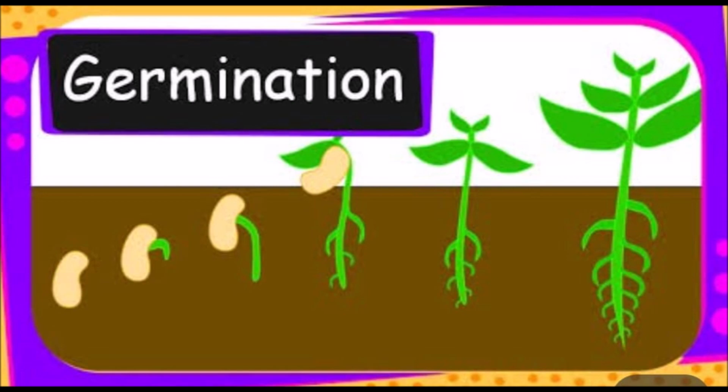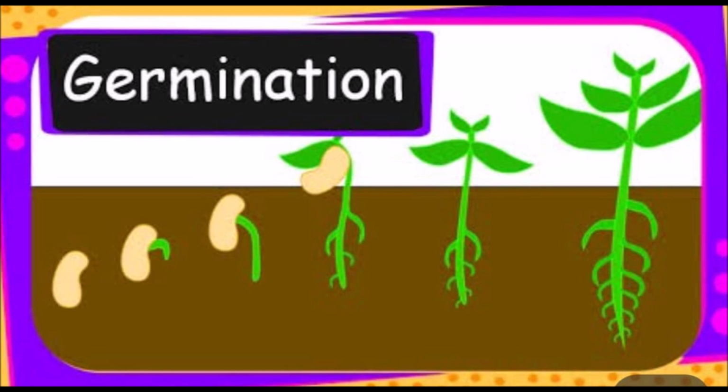The baby plant coming out from the seed is the embryo, and the process of a seed starting to grow into a new plant is known as germination. From the seed, first a small part comes out, the root, and then it grows a little, and then the baby plant comes out.